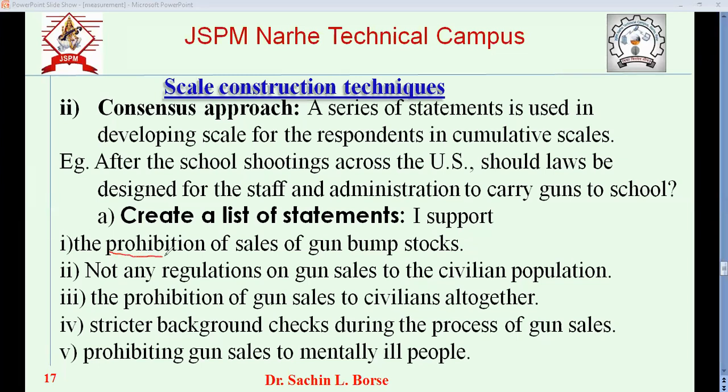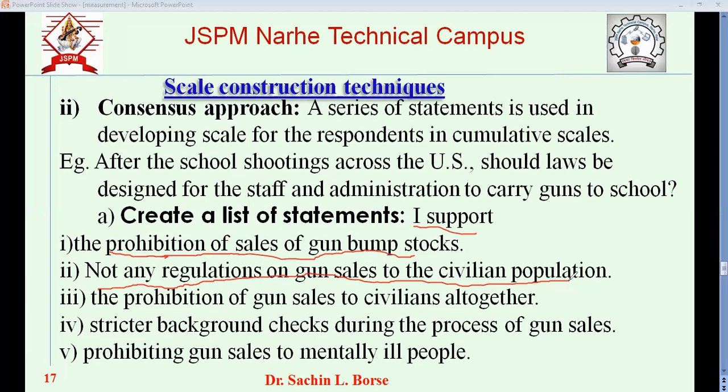So the first statement in the questionnaire is: I support the prohibition of sales of gun bump stocks. The second statement is: I do not support any regulation on gun sales to the civilian population, which means it should be easily sold to common people.